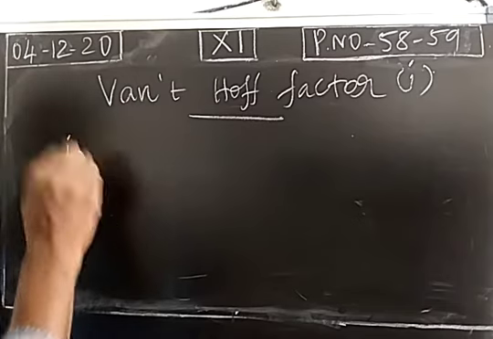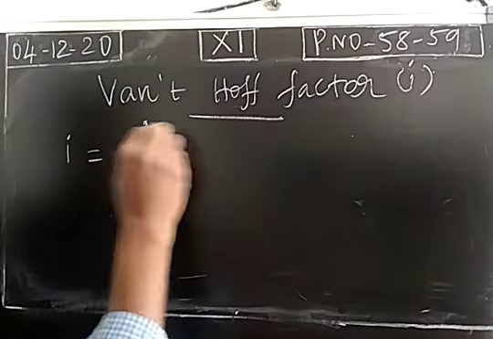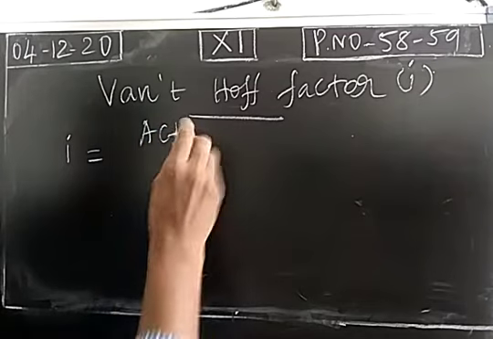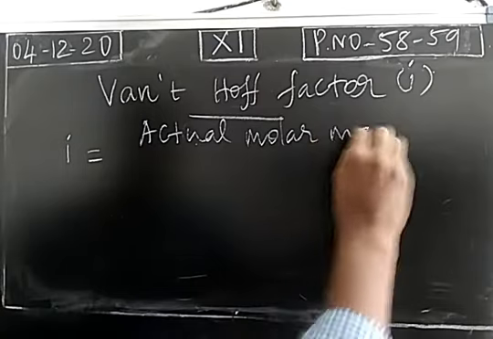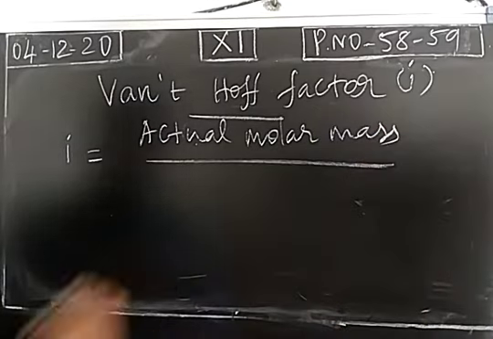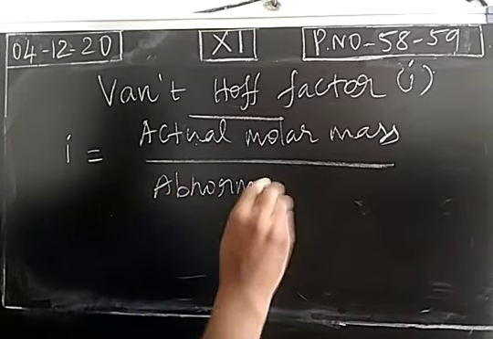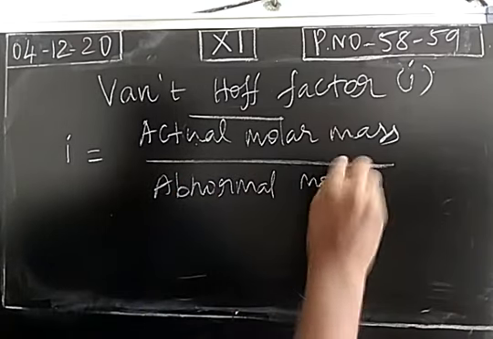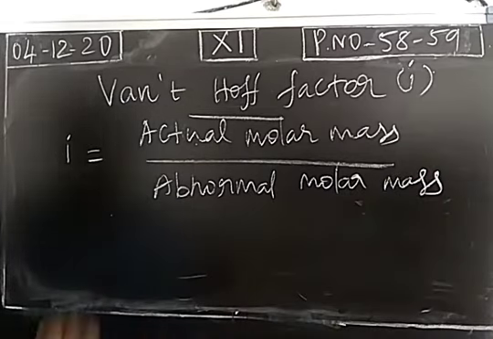Okay. Van't Hoff factor i is nothing but the ratio of actual molar mass divided by abnormal molar mass. So this is a normal value and this is the calculated value.